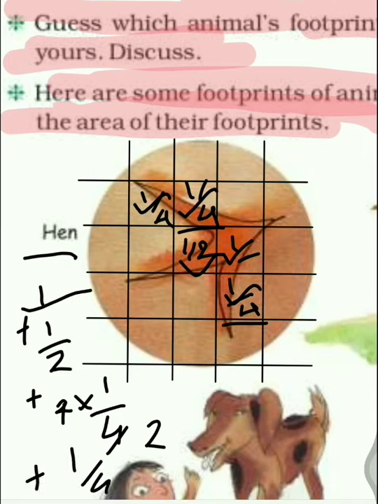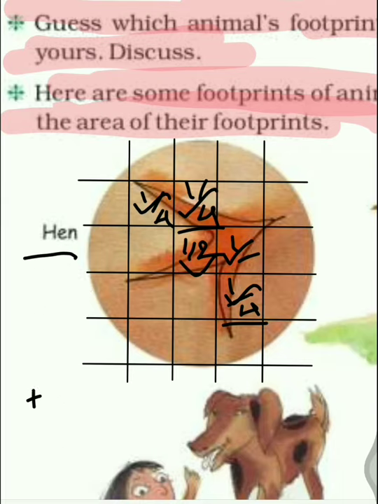So 1 plus 1/2 and 1/2 again 1, so 2, and 2 plus 1/4. So around 2 and 2 1/4 will be area.